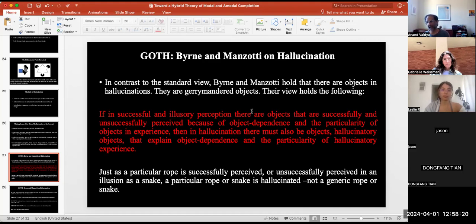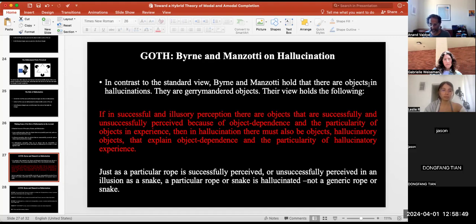It was defended by Alex Byrne from MIT and Riccardo Manzotti from the University of Milan. And I actually had the pleasure of discussing this with them in Sicily this past year. We had a very interesting discussion about the nature of this theory. So I just want to present part of what their theory is. Neither Anya nor I are accepting all of it, but we think it's important to discuss a new theory and how it might bear on these questions.